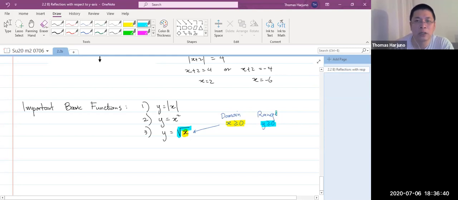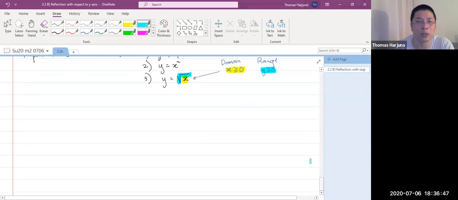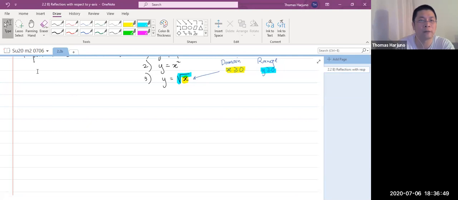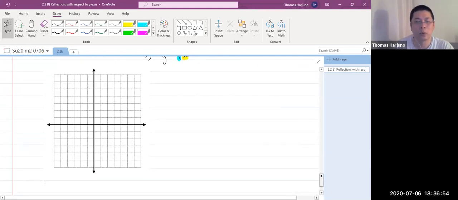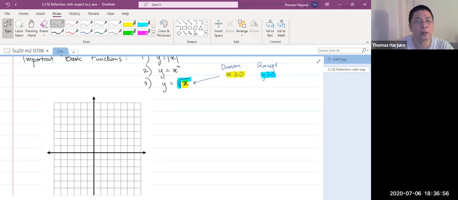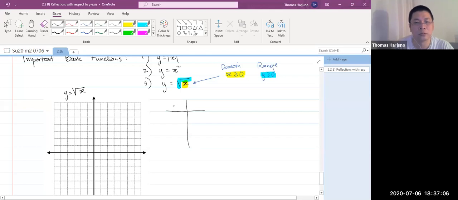Okay, now notice that this is actually the quote-unquote positive inverse of x squared. Now, what does it look like when we sketch the basic graph? When we sketch the basic graph for y equals square root of x, notice that when I create a table, when y is 0, x is 0. When y is 1, x is 1.